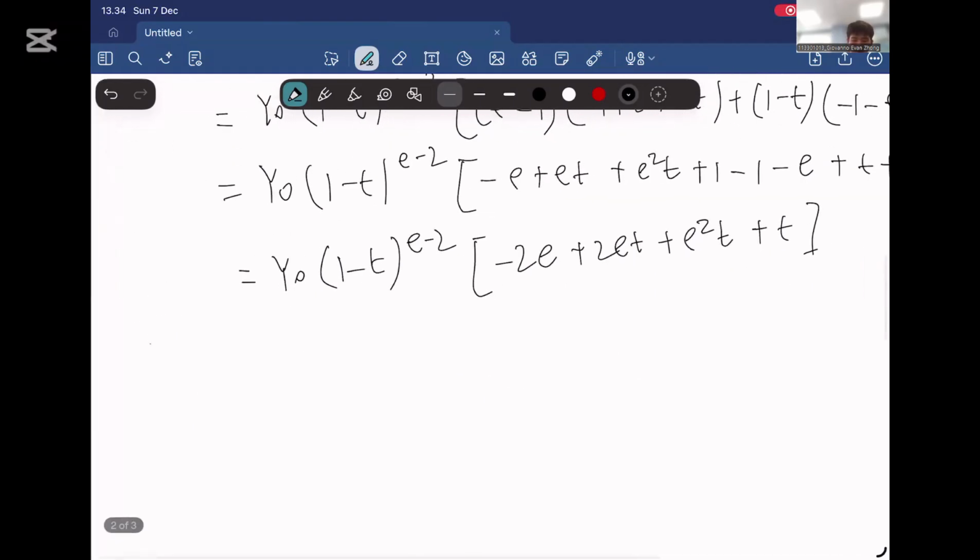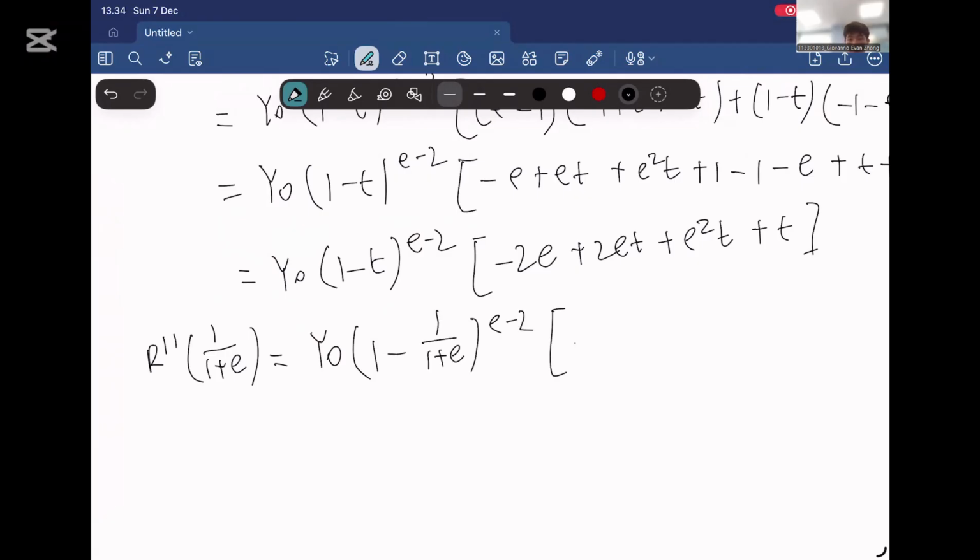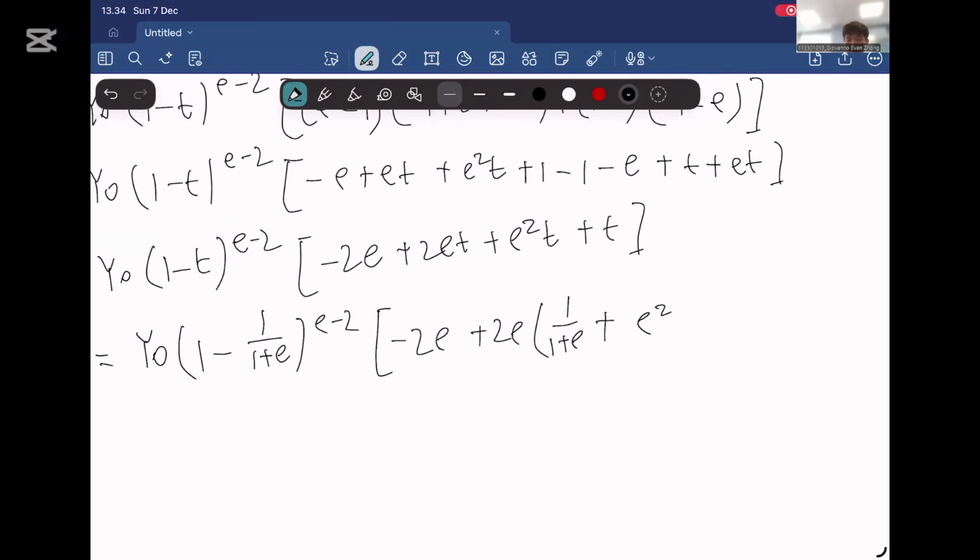Next, I'm going to find R''(1 per 1 plus E). So Y0 times (1 - 1 per 1 plus E) to the power of E minus 2 times [-2E + 2E times 1 per 1 plus E + E squared times 1 per 1 plus E + 1 per 1 plus E]. Like this.